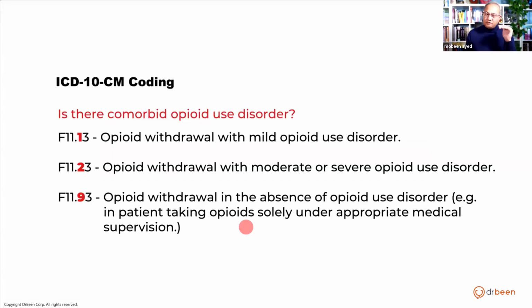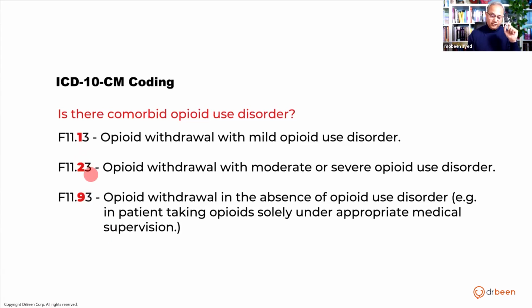Now, once you have diagnosed the patient, and you are going for the ICD-10-CM coding, the code is F11 point a number, and then 3. This number, as we saw with intoxication as well, the fourth character in the code, represents whether there is comorbid opioid use disorder.